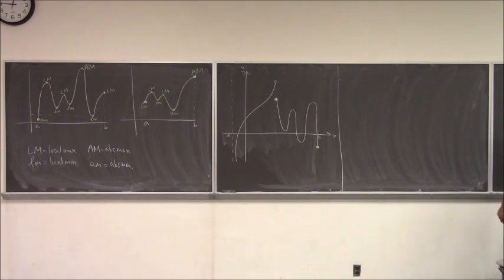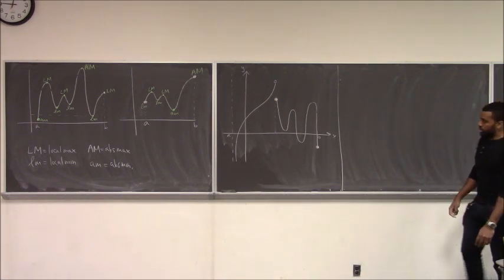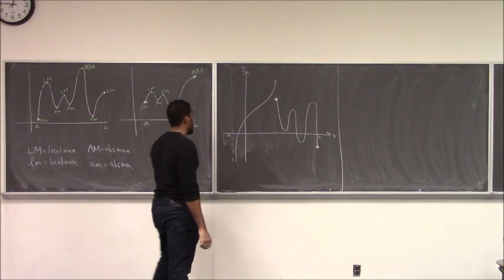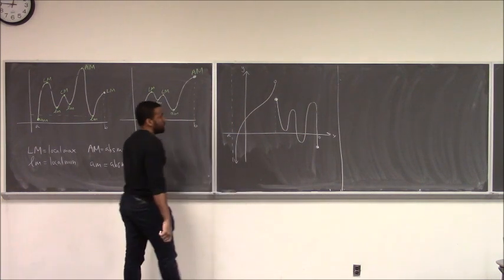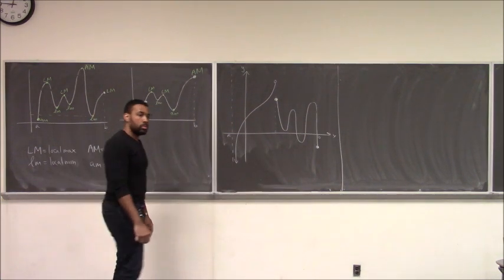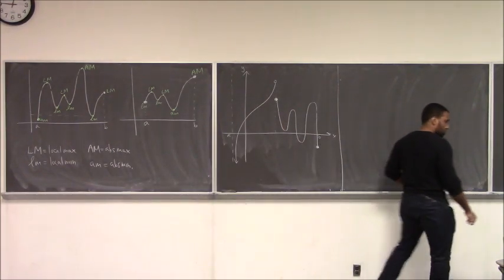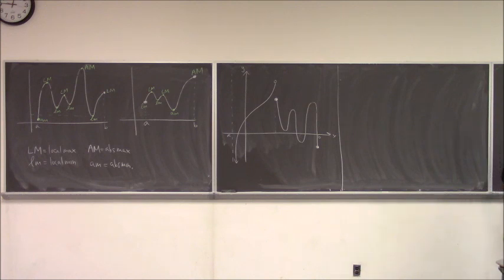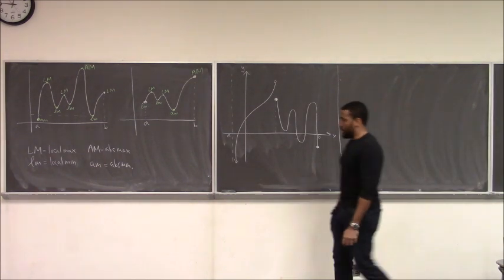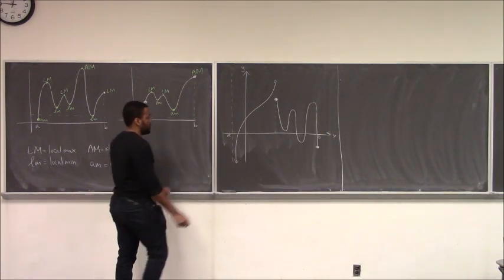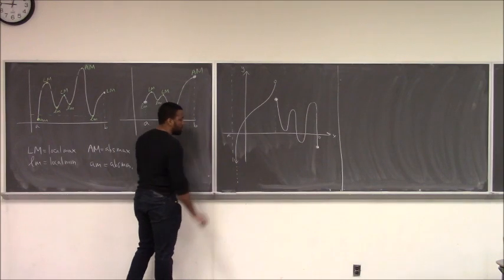What kind of properties does that have? Is there an absolute minimum? No. There is no y value on the entire domain of the graph, because you'll notice that here, y values keep getting smaller and smaller and smaller.